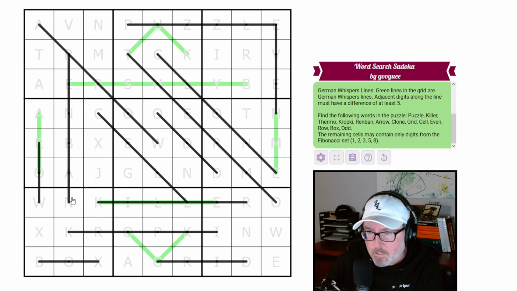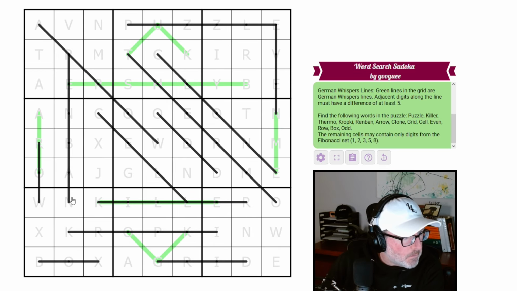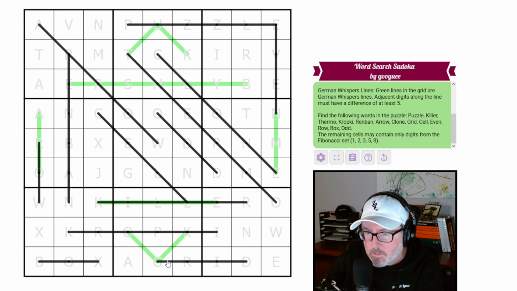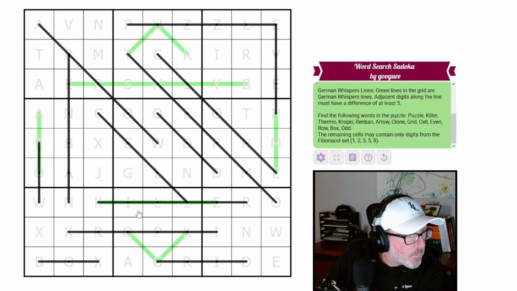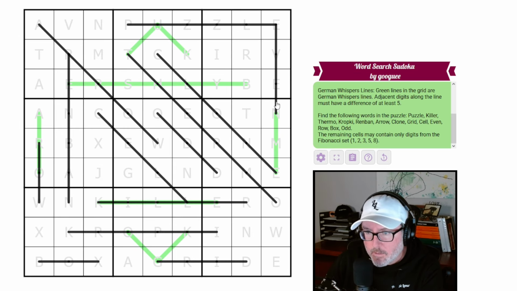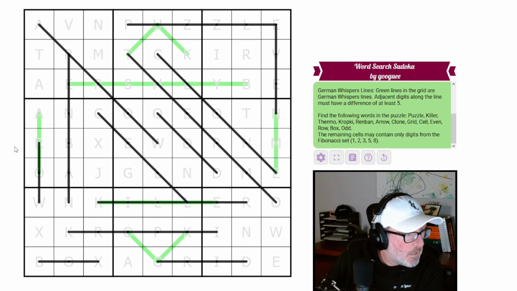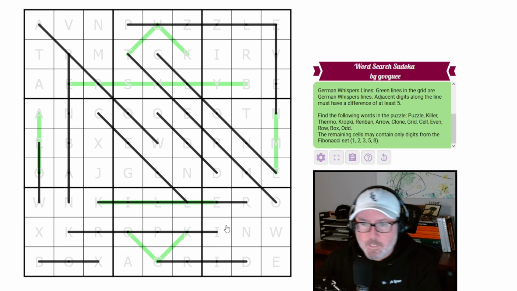Renban was here. Arrow, clone, grid. Arrow was here. Clone, grid, yeah. Cell, even was up here. I remember that. Row, box, and odd. Row, box, odd. Yep, we got them.